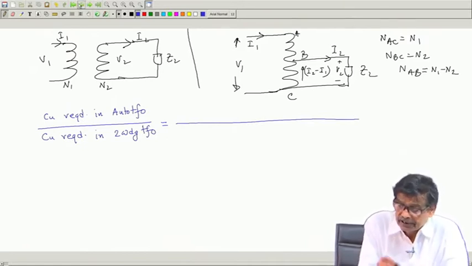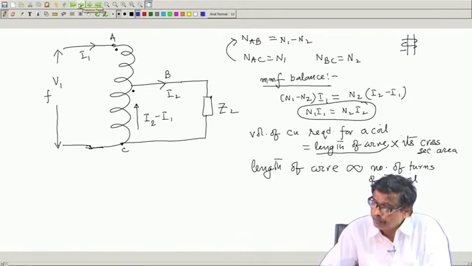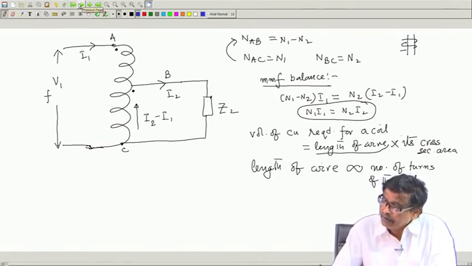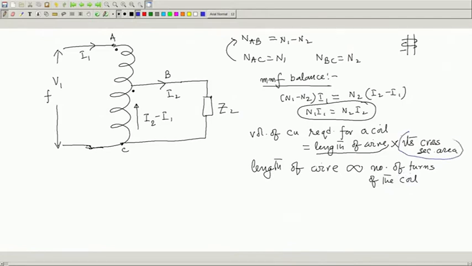Okay. In the previous slide, I have told you length of the wire is proportional to the number of turns of the coil. What about cross sectional area? Cross sectional area of the wire, the cross section which is forming the coil, will be proportional to the magnitude of the current, because based on the magnitude of the current only thicker or thinner wires are chosen, is it not?